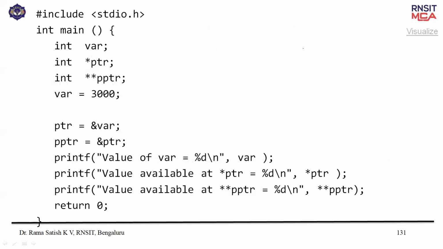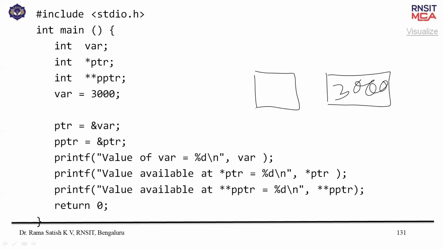I have a variable with 3000, and I have a pointer PTR created. Another pointer is created. This is PTR, that is PPTR, and the double star indicates it is a pointer to pointer.